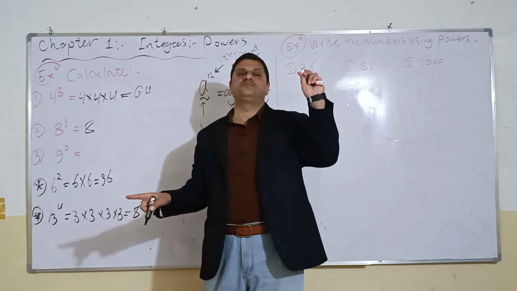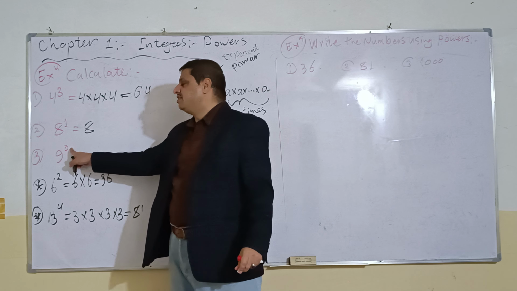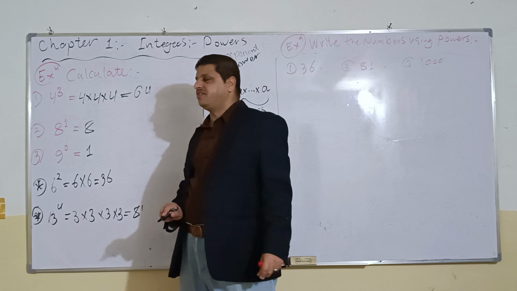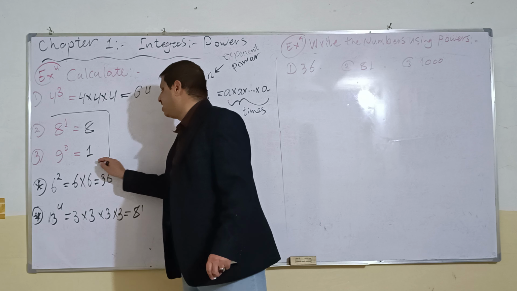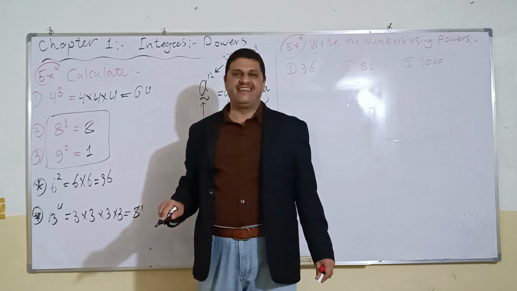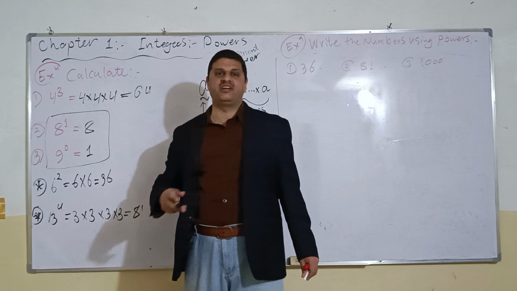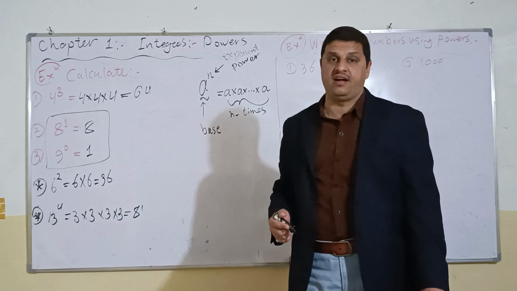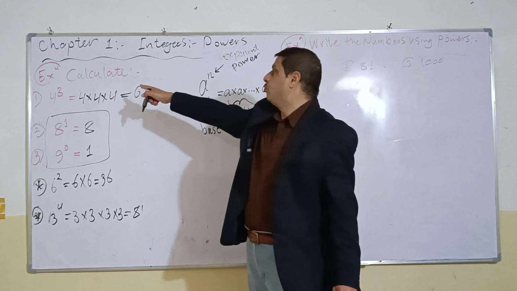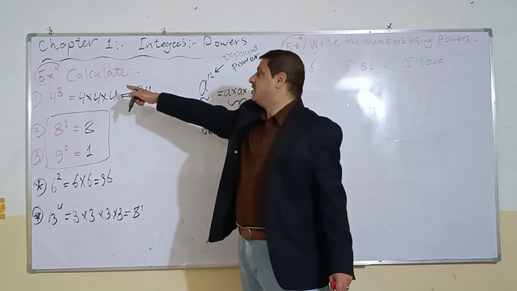And any number to the power 0 equals 1. Honey students, we have to keep this in mind and not mix between them because they are very important in the next questions, inshallah ta'ala.